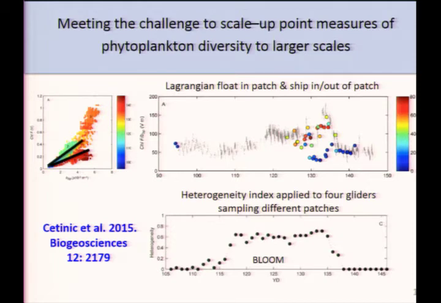And what they did was develop a heterogeneity index that showed before the bloom there wasn't very much heterogeneity. So it's mapping shipboard measurements onto the larger scale using gliders and simple optics on gliders, and showed a great diversity during the bloom, and then after the bloom that diversity crashed.